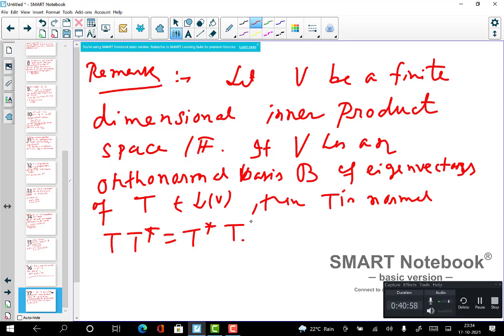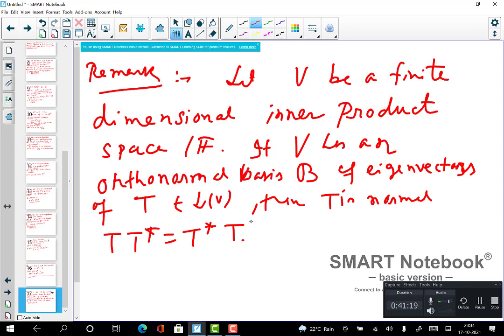But for a complex vector space, this is true. We are going to prove it. Before that, we need some properties, or maybe we can give the proof first. It will be easier. Then we will come to the properties.